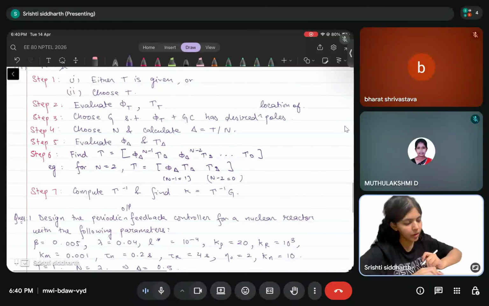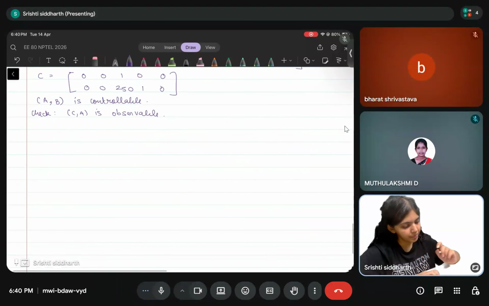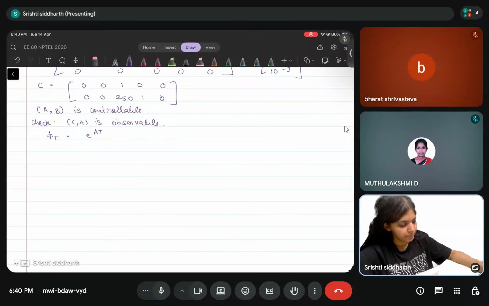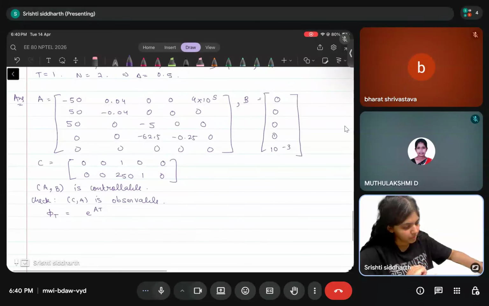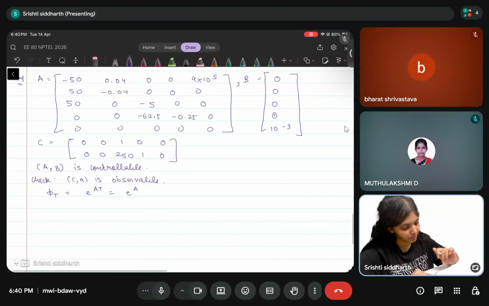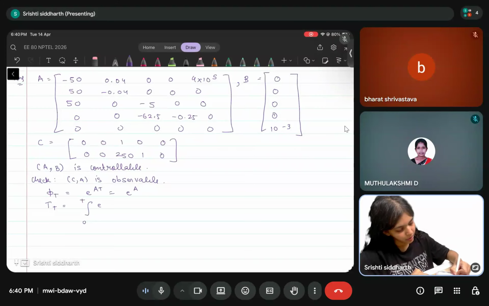Now we have to evaluate phi of T and gamma of T. Phi of T is e to the power AT. T is 1, so this is simply e to the power A. Gamma of T is the integral from 0 to T of e to the power A tau B d tau.